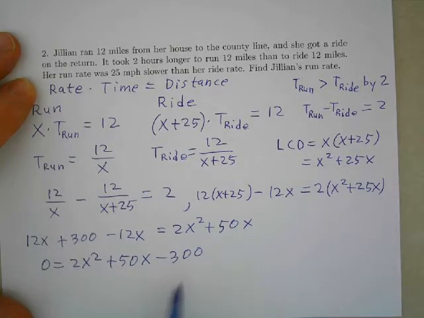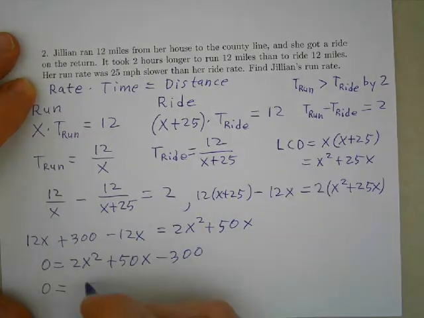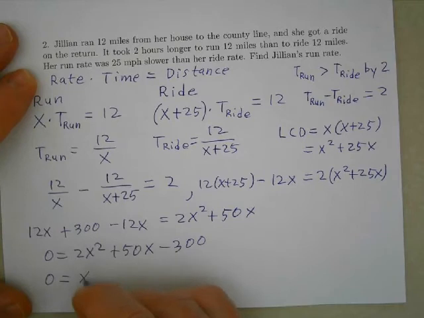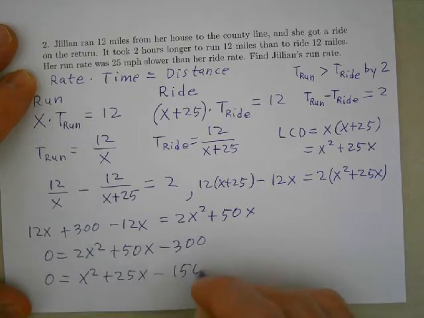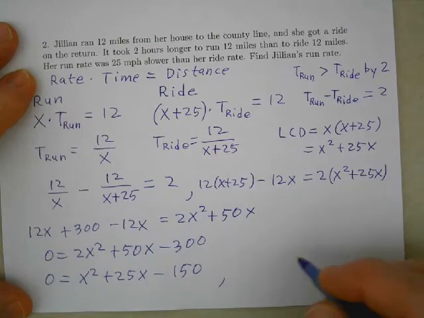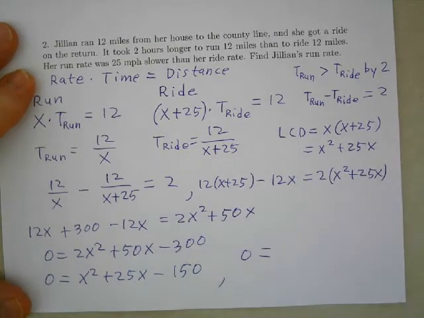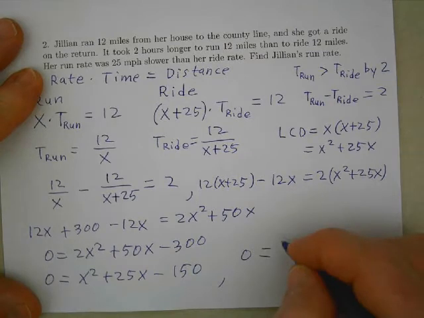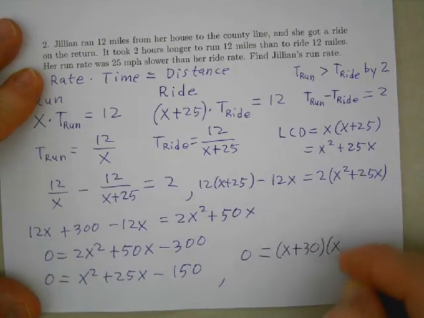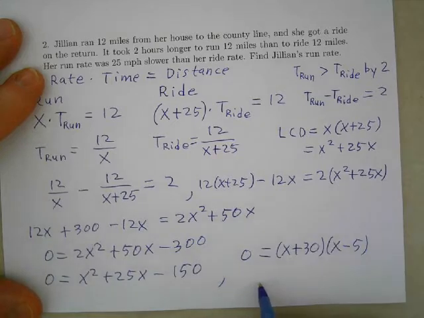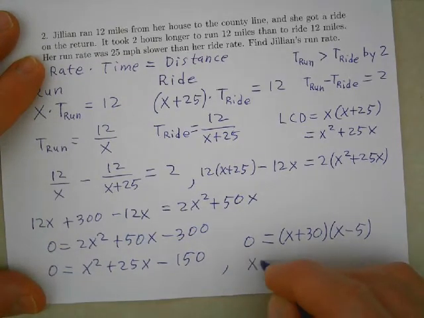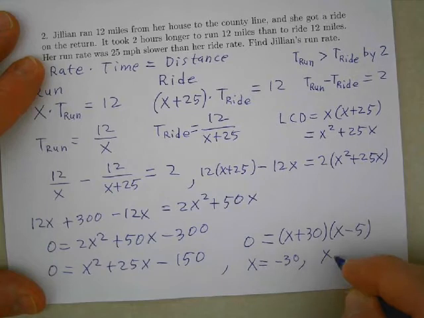Divide every term on both sides by 2. Since 2 is a common factor, we get 0 equals x squared plus 25x minus 150. This factors pretty nicely. X squared plus 25x minus 150 is x plus 30 times x minus 5. The two solutions to this equation are x equals negative 30 and x equals 5.